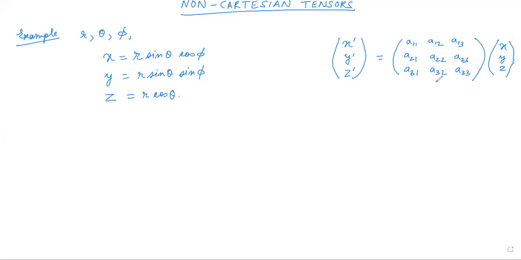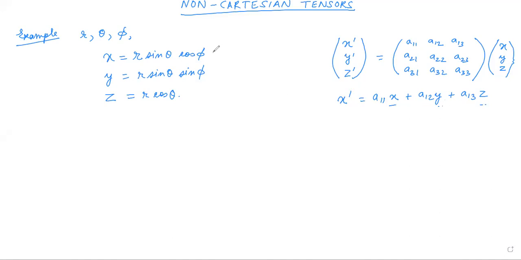This is a linear transformation. How do we know? Because here x prime is equal to a11x plus a12y plus a13z. So x prime is a linear combination of x, y, and z. This is simply a linear transformation.